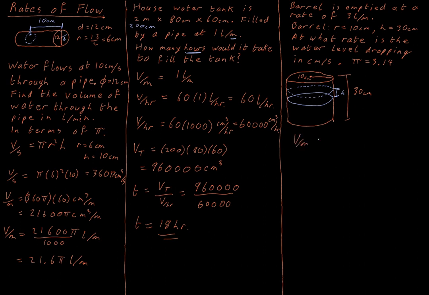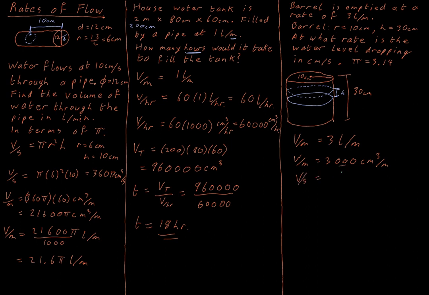So volume per minute is 3 liters per minute, which means it's going to be 3,000 centimeters cubed per minute. Multiply by 1,000, and then we want it per second, so we divide that by 60 to get it as volume per second.